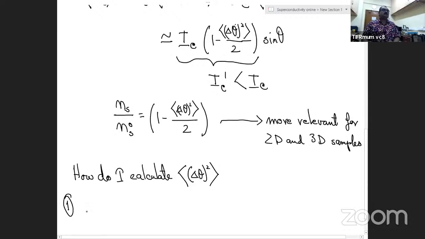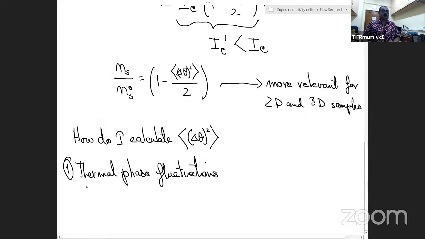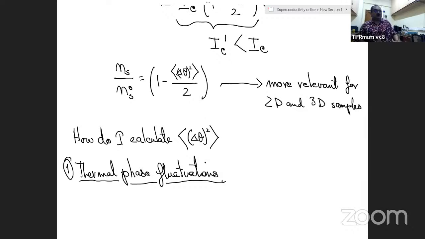First, let us take thermal phase fluctuations. So for this, I have to start. So I know that thermal phase fluctuation will cause essentially an energy fluctuation of the order of kT.